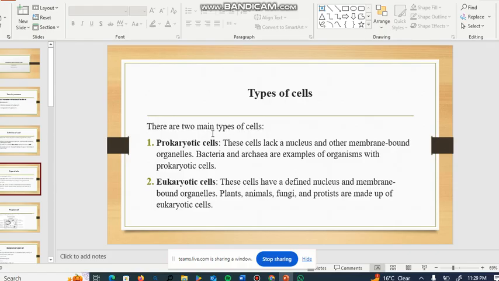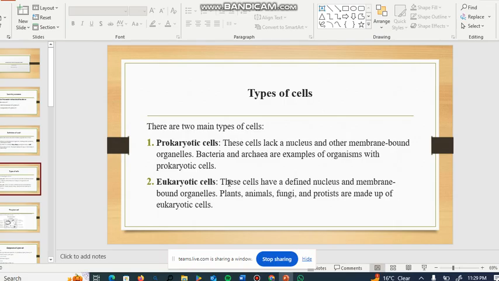The main types of cells include prokaryotic cells. These cells lack a nucleus and other membrane-bound organelles.